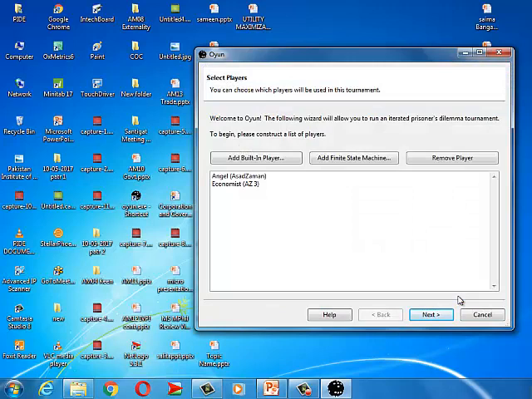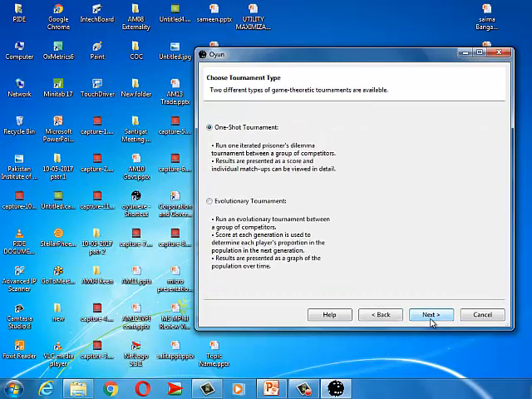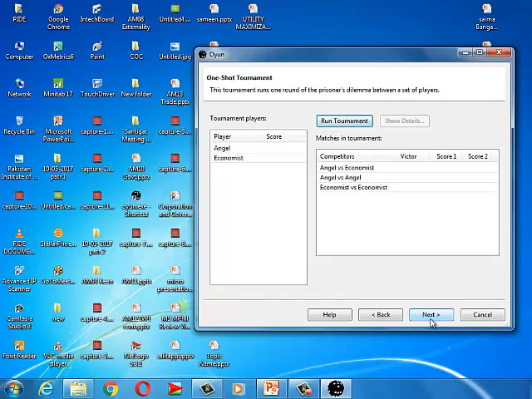Alright, so I have two sets of players, angels and devils, and now this game will play a tournament in which these two players will be matched against each other. You see, in the tournament, we think that there is a population in which there are lots of angels and lots of economists, and so they get to play with each other.